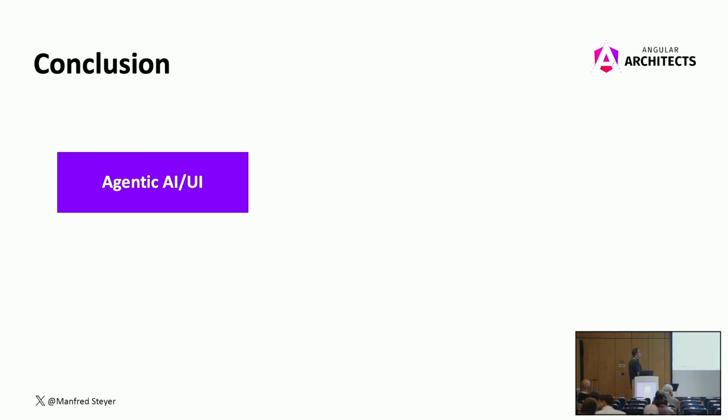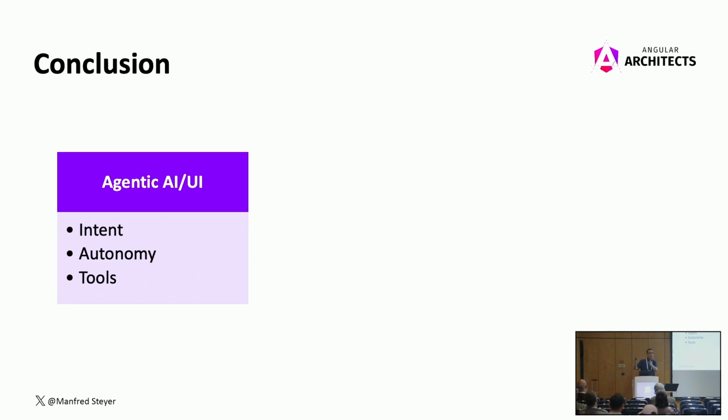Okay, so let me come to a conclusion. What did we see today? In the first part of this talk, we talked about what agentic AI and UI is about. First and foremost, it's not about whether we like or hate chats. This is an easy discussion. The real discussion is how to catch the user's intent, how to find out what they want.